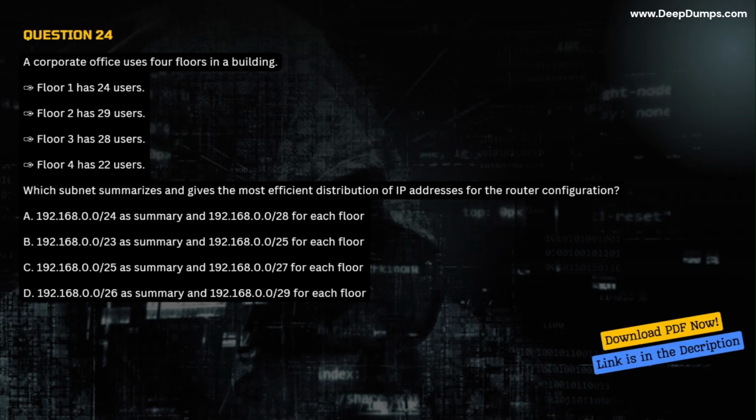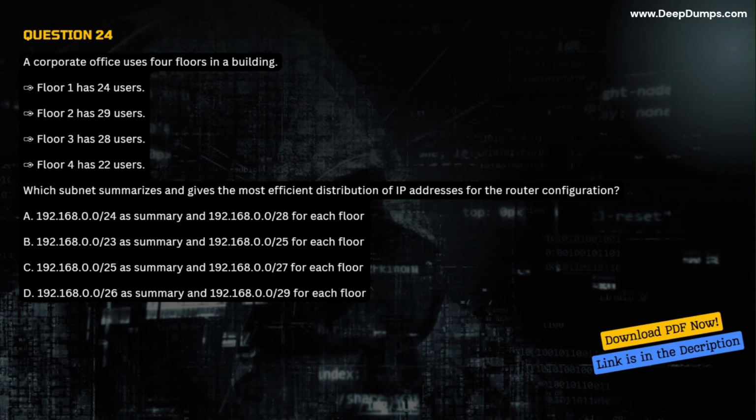A. 192.168.0.0/24 as summary and 192.168.0.0/28 for each floor. B. 192.168.0.0/23 as summary and 192.168.0.0/25 for each floor.